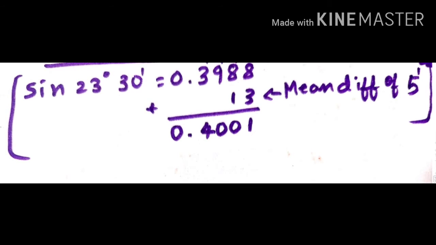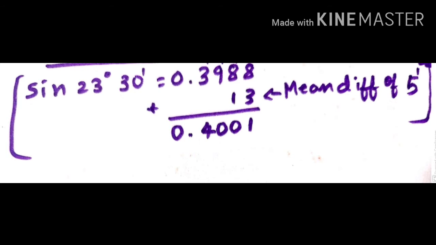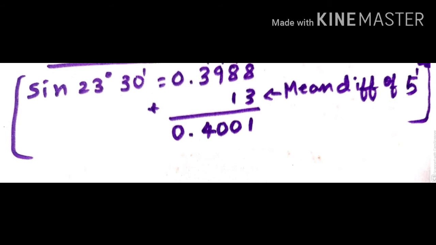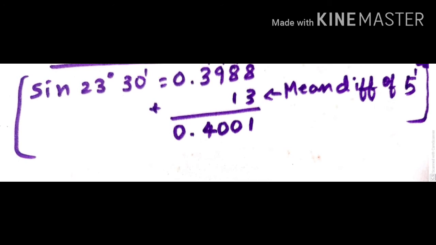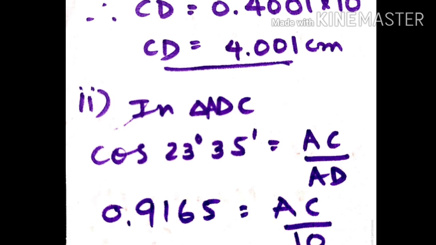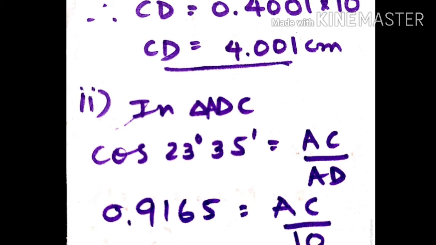So you have to check in the mean difference column. The mean difference of 5 minutes is 13. We always take two digits, or you round it off and write. So 13 must be added to this value. So by adding, we get 0.4001. That is our sine 23 degree and 35 minute value, which we have placed here.